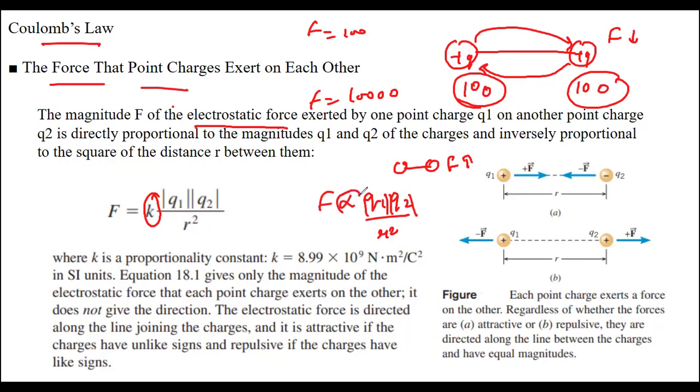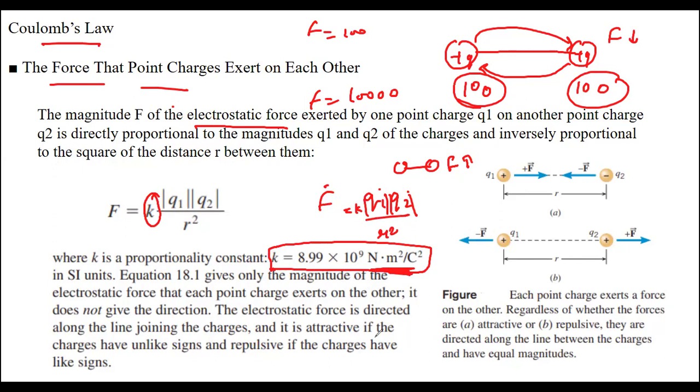And whenever you get rid of this proportionality, you get your proportionality constant, which would be k, and its value is 8.99 times 10 to the power 9. You can isolate k and solve for the units of k. Because force will be newtons, these will be coulombs, so they will multiply to coulomb squared and this will be meter squared, and then you can rearrange to find the units of k.